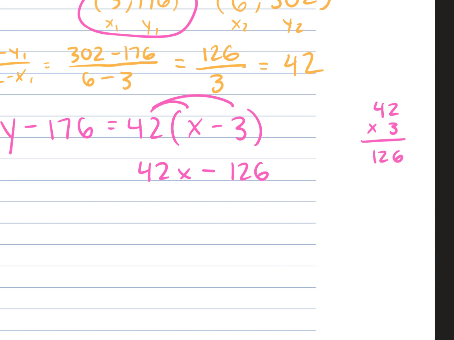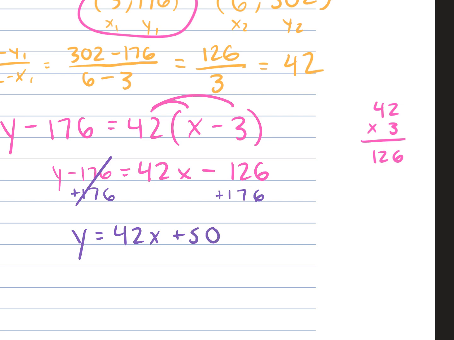So 126. And that's equal to y minus 176. What would I need to do to get y all by itself? Awesome. Add 176 to both sides. So it cancels out on the left. So I have y is equal to 42x. What is negative 126 plus 176? Positive 50? Yes. Awesome.